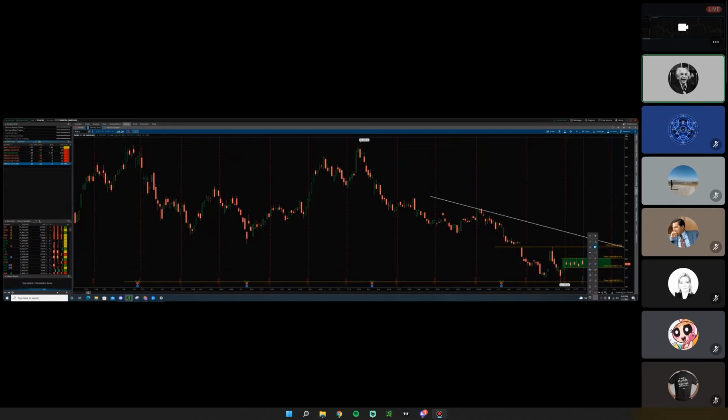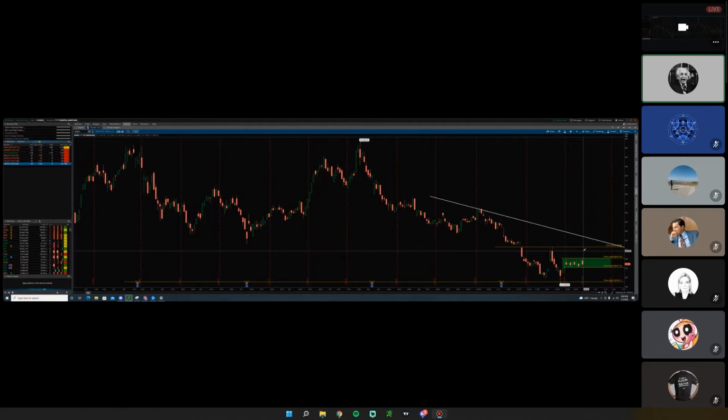So if I was to measure this, and I hate measuring in Thinkorswim, let's see, this is 8.9%. So if that's the case, then you take from here 8.9%, somewhere around here. I would look for a target to be here at 260-ish.